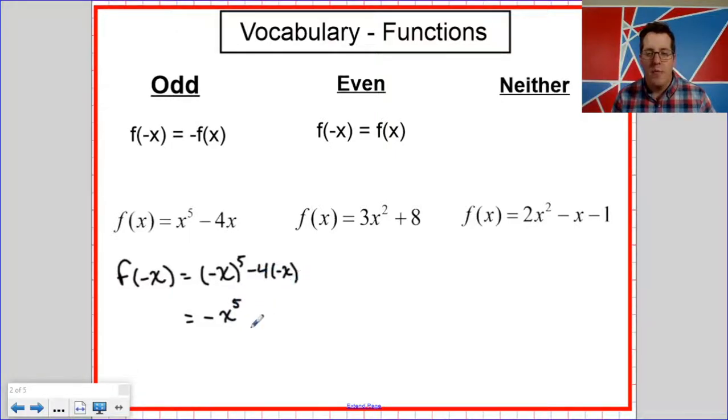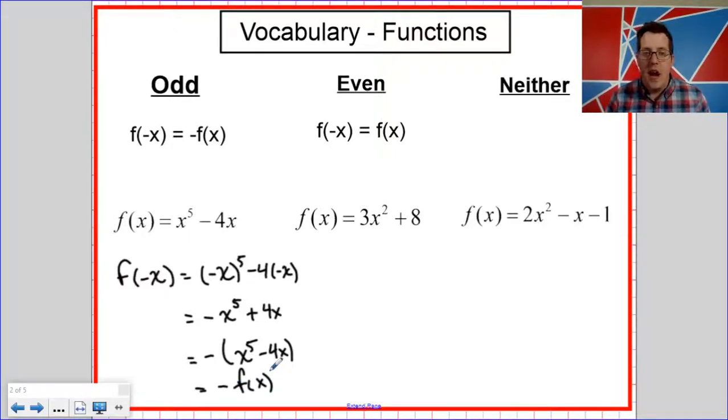Negative 4 times the opposite of x is positive 4x. That is the opposite of the original function. If you can do that with a function, you've got an odd function.